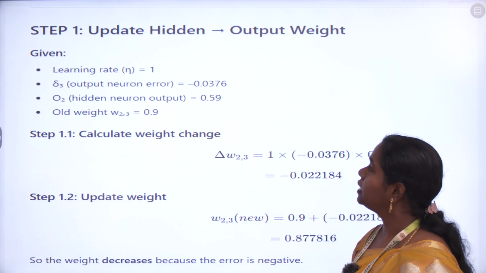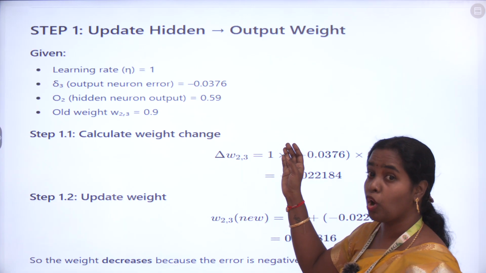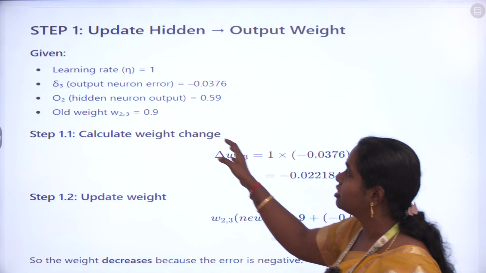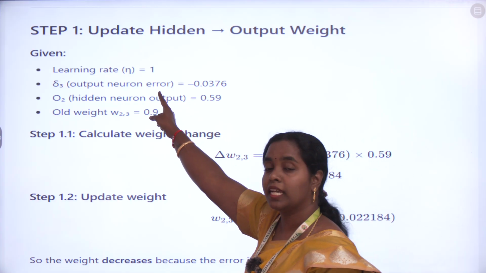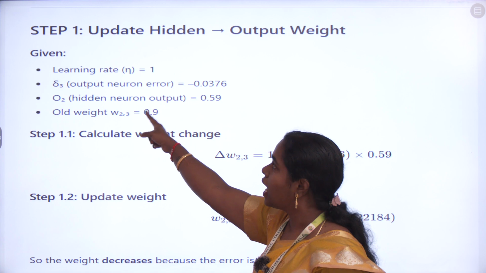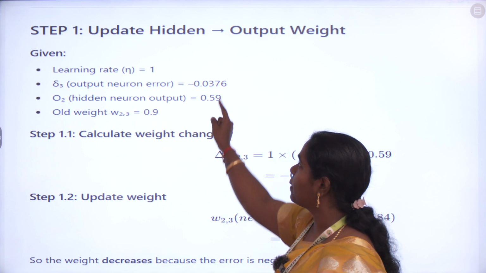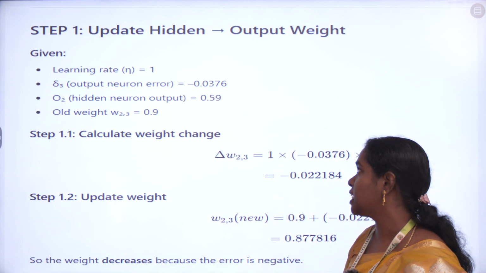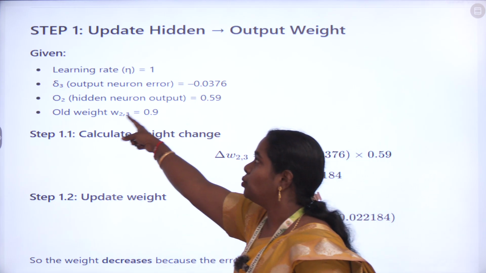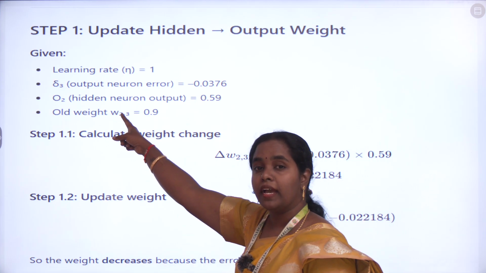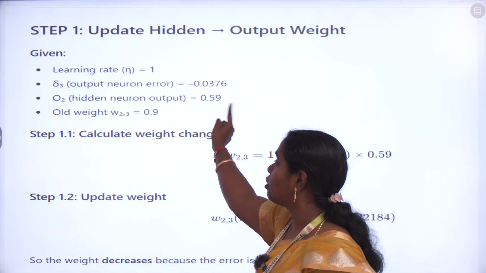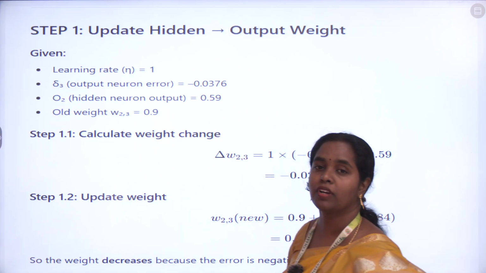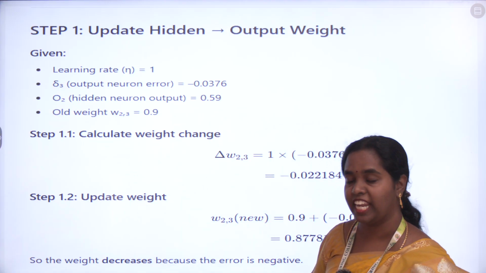Next, update the hidden-to-output weight. Given eta, the default value, is 1, and delta 5 is minus 0.0376, and O2 is the hidden layer output, which is 0.59, and the old value of weight W2,3 is 0.9.